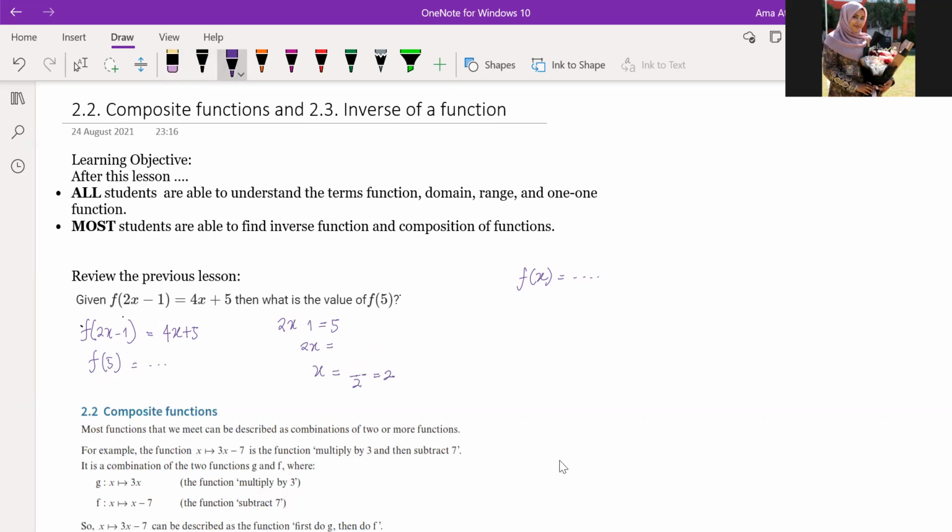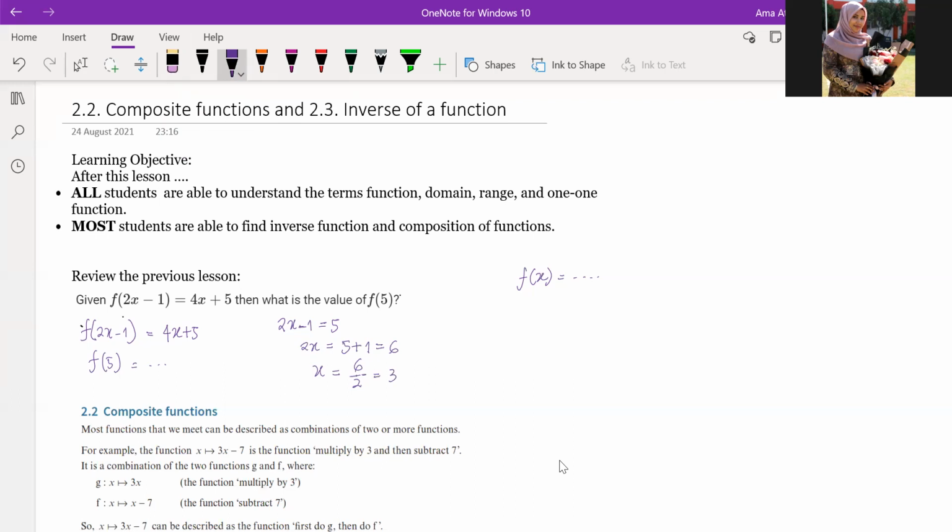It should be minus here. Minus 1 equals 5. And therefore we have 2x equals to 5 plus 1, so it is 6. And therefore x is equal to 6 divided by 2. So it is 3. Sorry for the mistakes here. So it is 3.